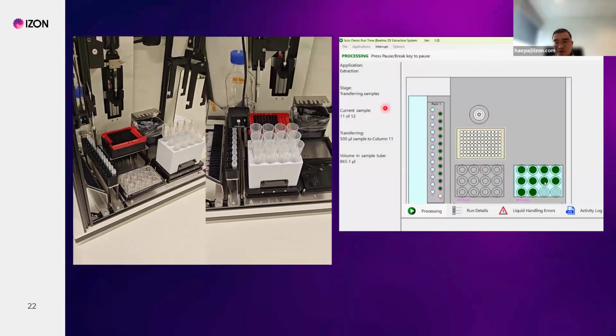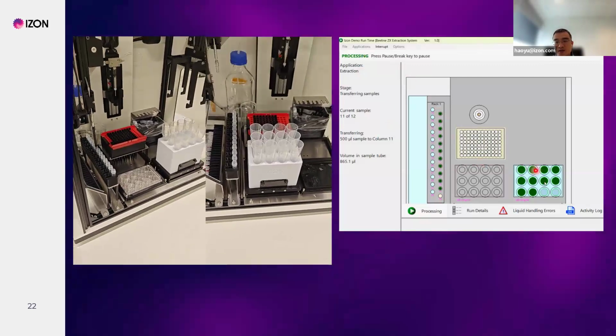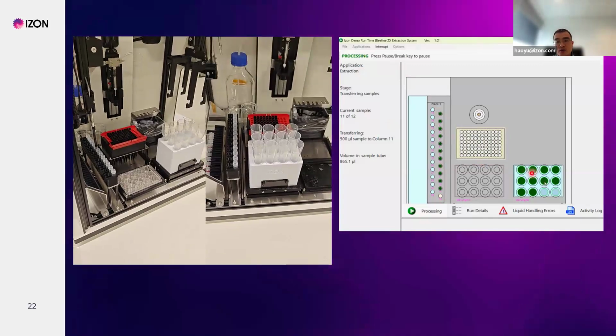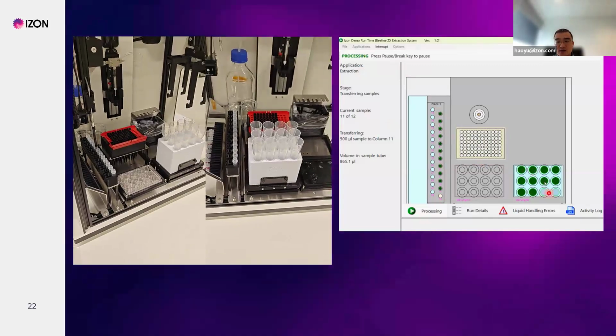The image shows that the green ones mean it has finished 10 samples and is now working on the last 2 samples, and all the information is recorded down here. It is currently continuing with sample 11, at the step of transferring 500 microliters of sample to column 11.